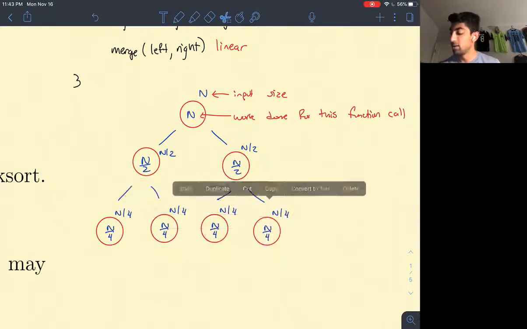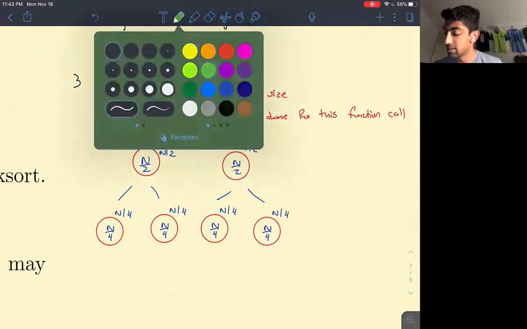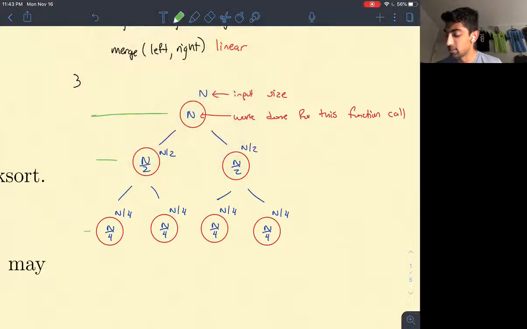We have this tree, and what we will notice is that the work per level is going to be n, n, and n.